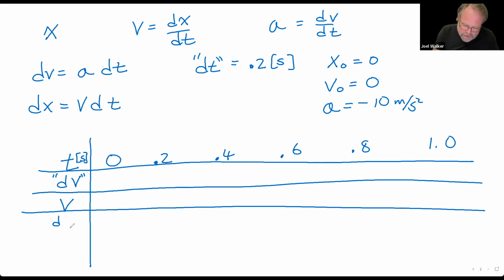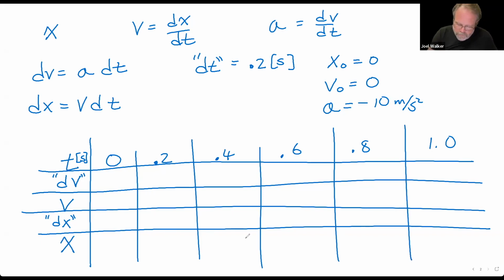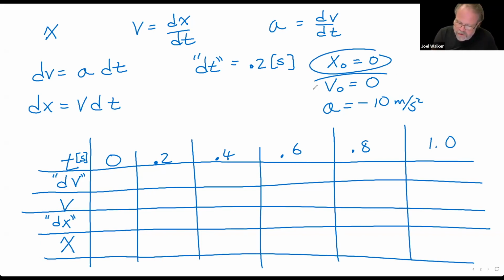Likewise, let's track the dx, or delta x, small but not infinitesimal changes in position, and let's track the value of the position, and let's fill in this table. Okay. Now we know a few things at the outset. We stipulated that our initial values of velocity and position would both be 0. So let's fill in those spots.